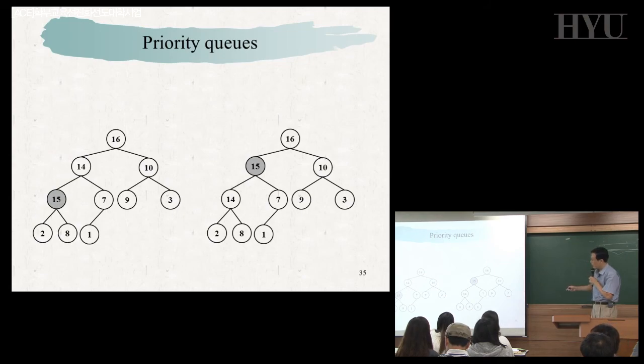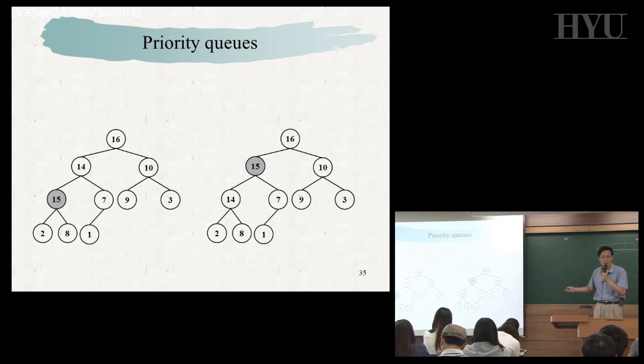First, I will add a new node and place 10 here. Then do the same thing as we did after we increase a key. So 10 is bigger than 7, they are swapped. And then in this case, 10 is smaller than 15, so we don't have to do anything more. It stops.